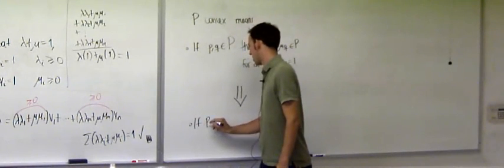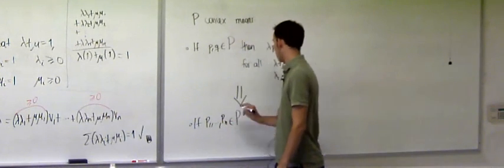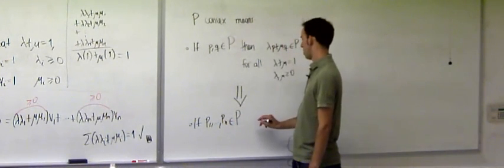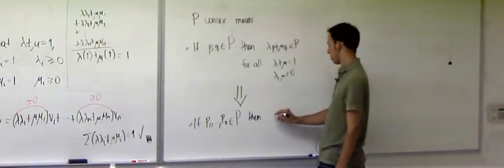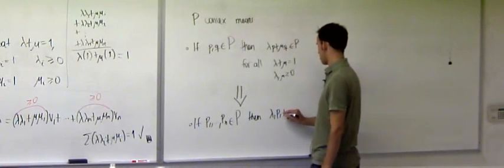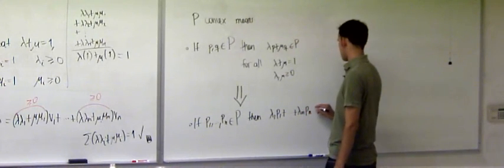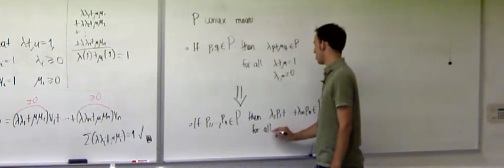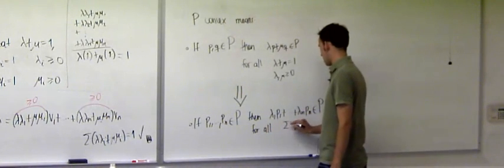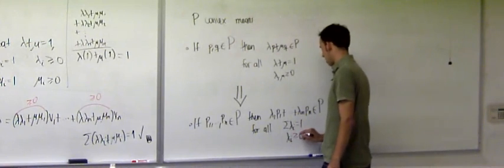So if you have P1 up to Pn in your polytope, then any convex combination of them is in your polytope. So whenever you can choose any lambdas as long as they add up to 1 and they're all greater than or equal to 0.